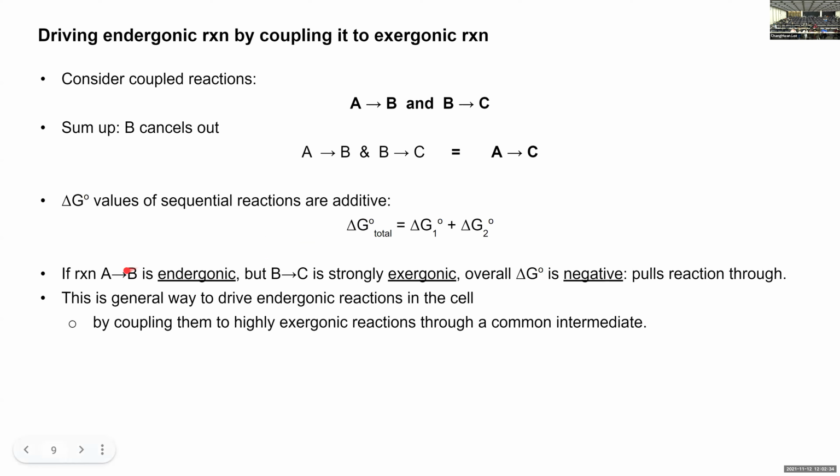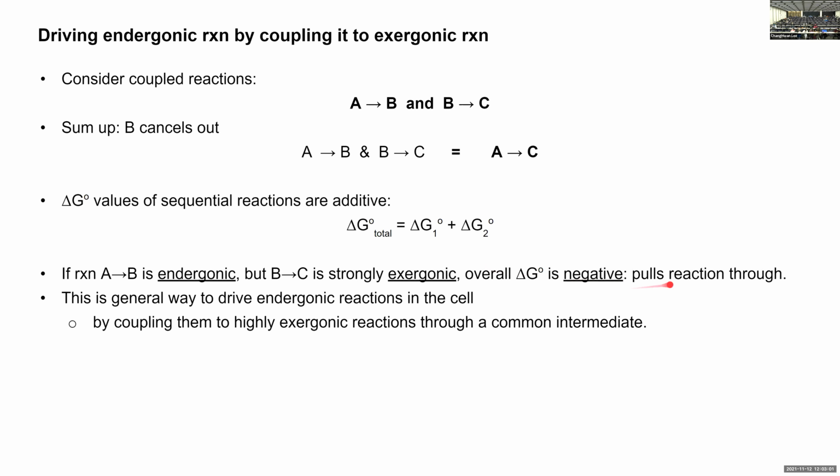So again, let's think that this A to B reaction is endergonic, which means that delta G1 naught is a positive value. But if the B to C reaction is strongly exergonic, meaning that it has a highly negative delta G naught value, then if you put it together, delta G naught total will be negative.